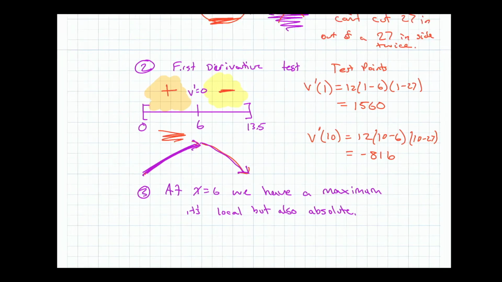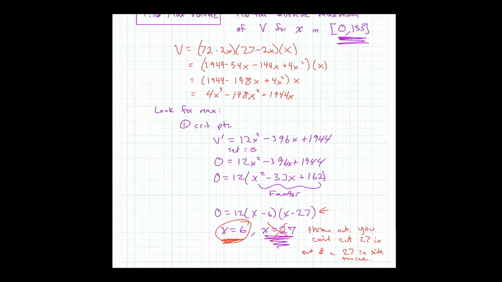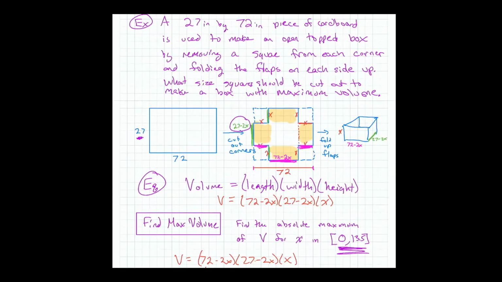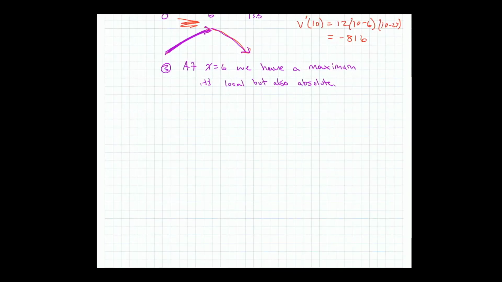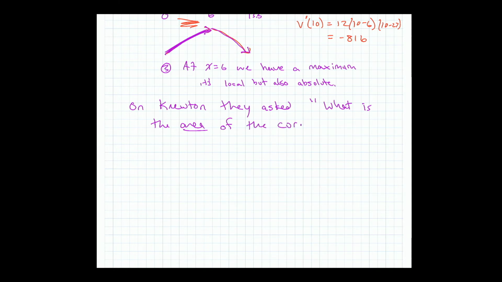Now, let's actually go back to the original problem, because you have to answer what they say. What I said was, what size squares? That's how I worded it. Just be aware that on the homework assignment, on Newton, they asked, what is the area of the corners that you cut out?